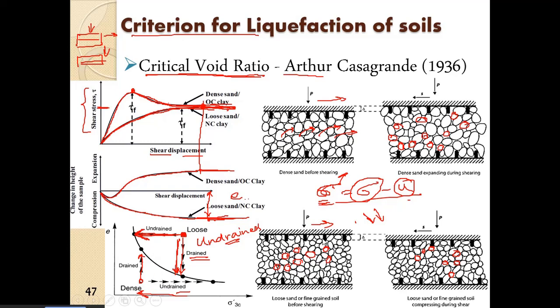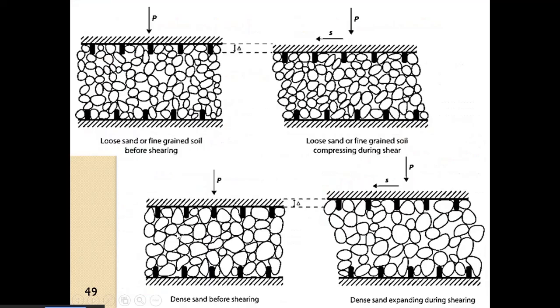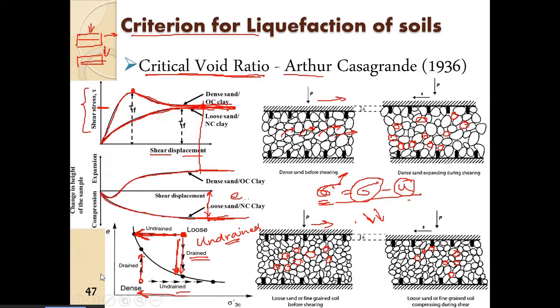Whereas, if a dense sand is tested, what will happen under undrained condition? It will try to increase in volume, so the void ratio will try to expand. Since we are not allowing any drainage, the void ratio cannot increase, and therefore the pore water pressure will decrease.